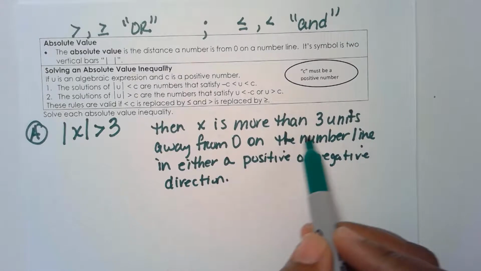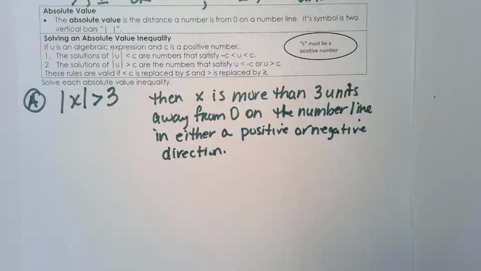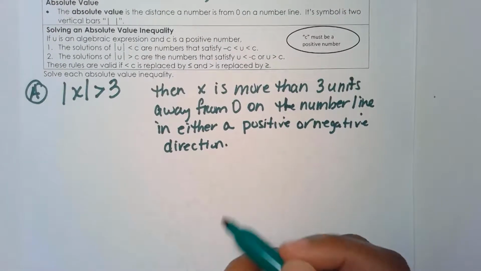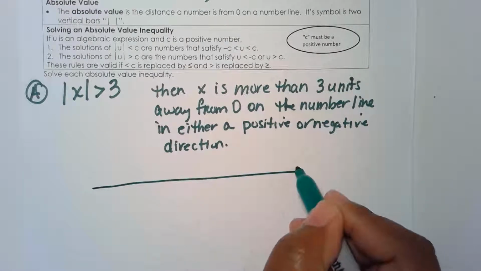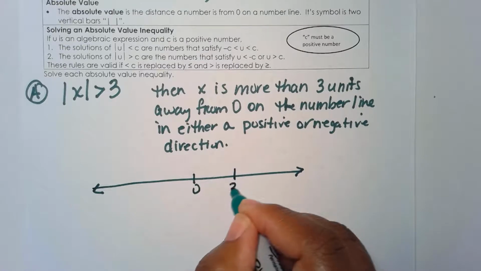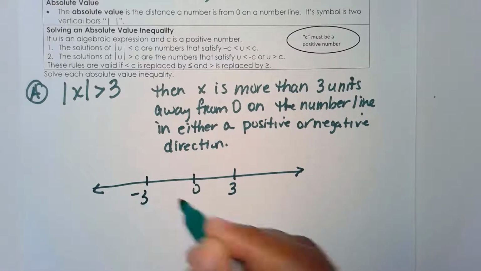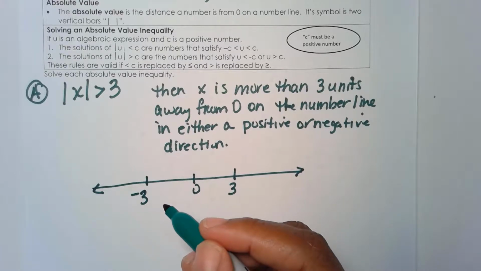x is more than 3 units away from 0 on the number line in either a positive or negative direction. Here is 0. Here is positive 3. Here is negative 3. Because remember, when we talk about absolute value, we're going to use the case of the positive side and the negative side of the number line.